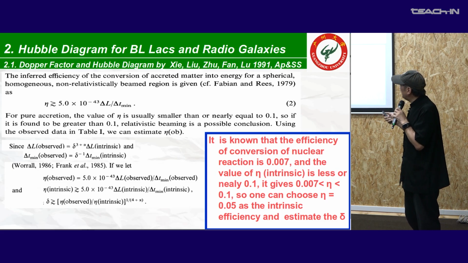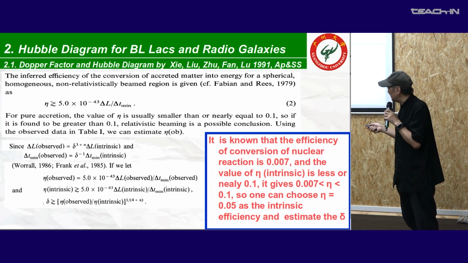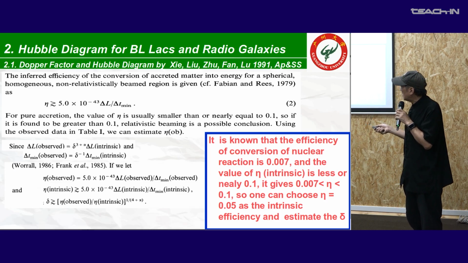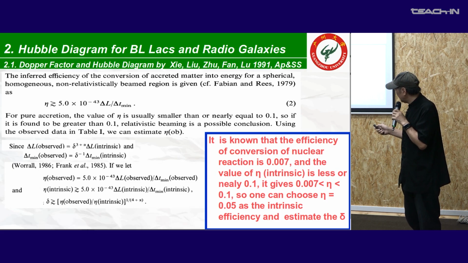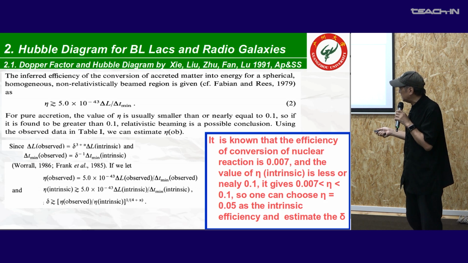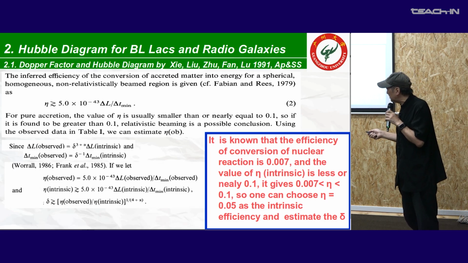But from the beaming effect, the observed luminosity can be described in this way, with the Doppler factor, and the observed time is also correlated with the intrinsic time scale in this way. So we get the observed eta in this way, and the intrinsic in this way. So the Doppler factor can be calculated from the observed eta and the intrinsic eta.